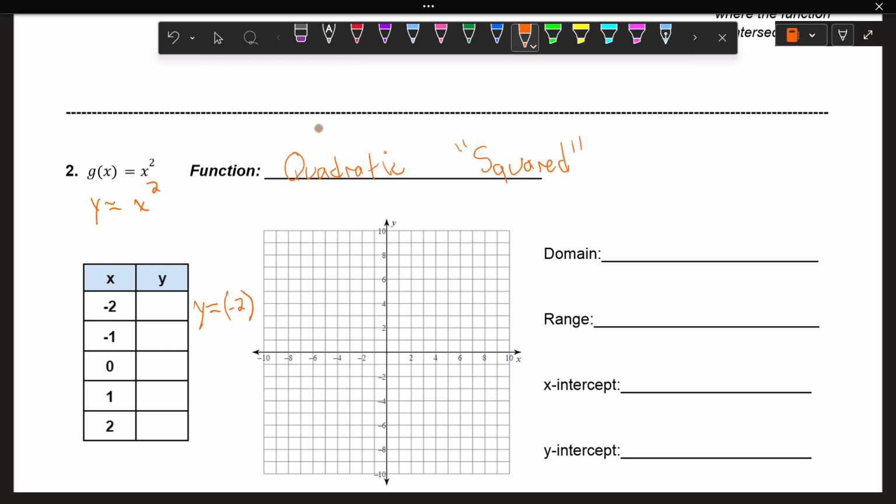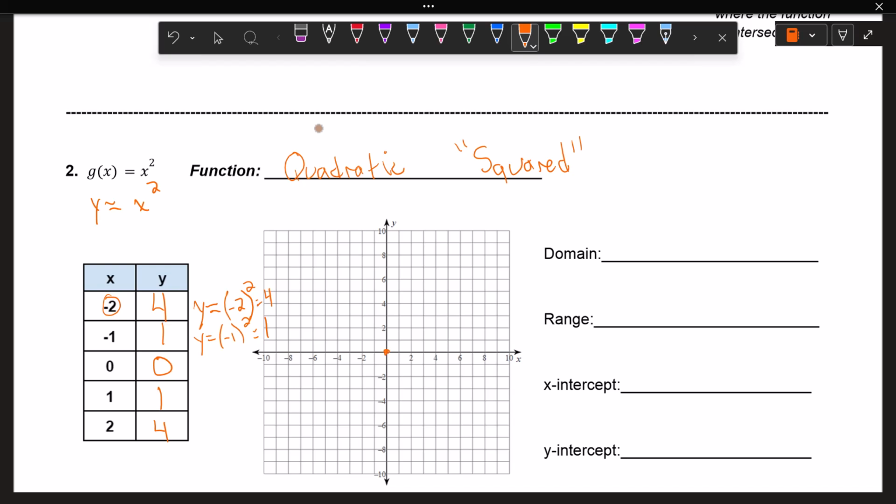So y equals -2, we're plugging that in for x. Squaring it, that'll equal y, and that's +4. Same thing with -1. -1 squared is +1. 0 squared is 0. 1 squared is 1. 2 squared is +4.